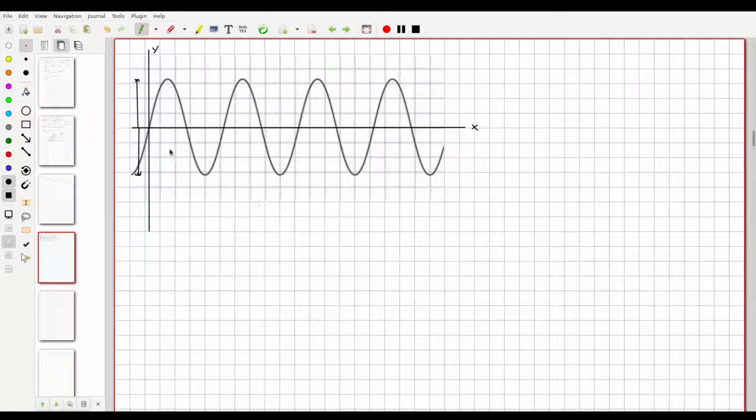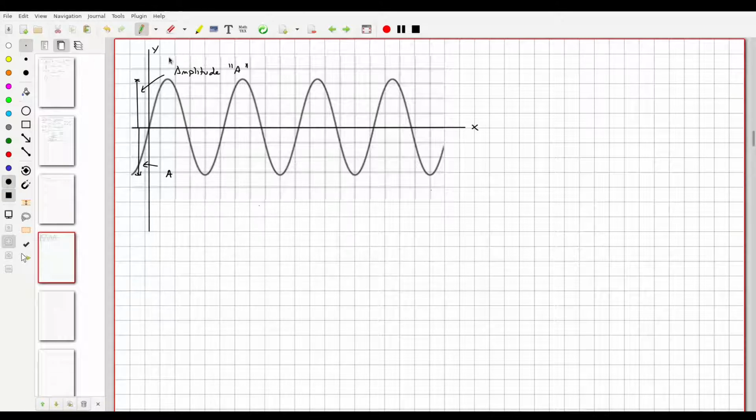Okay. Now, we call the height of a wave, in reference to it being flat right here, the amplitude. It's abbreviated A. This right here would be the same. This would be an amplitude as well.